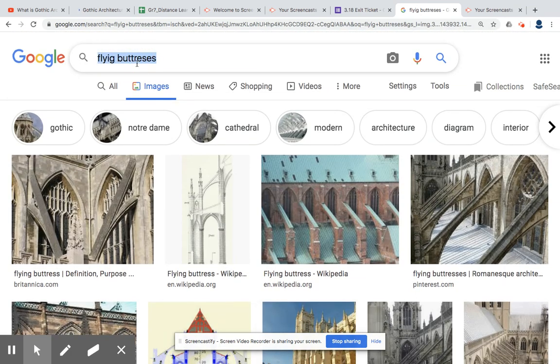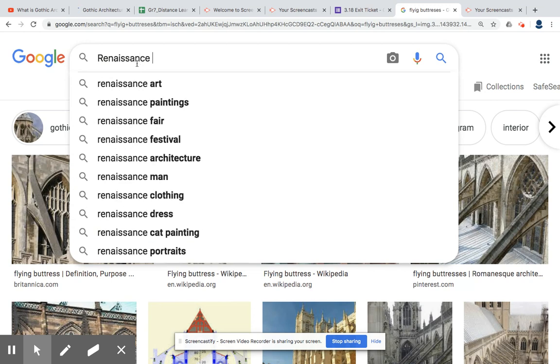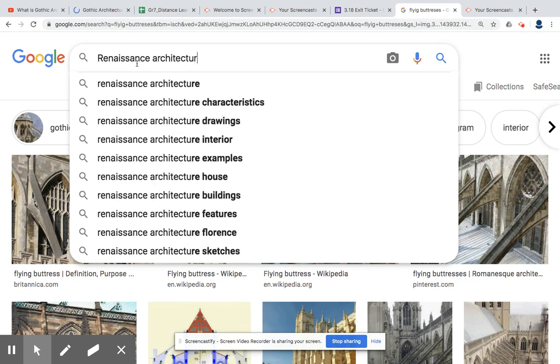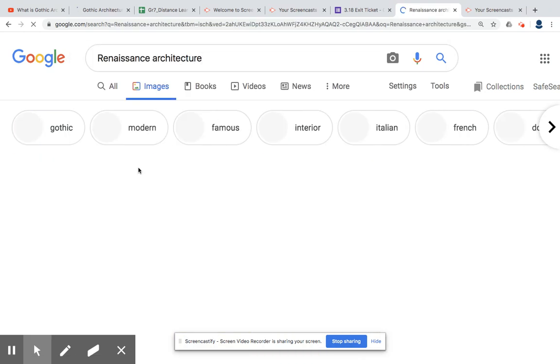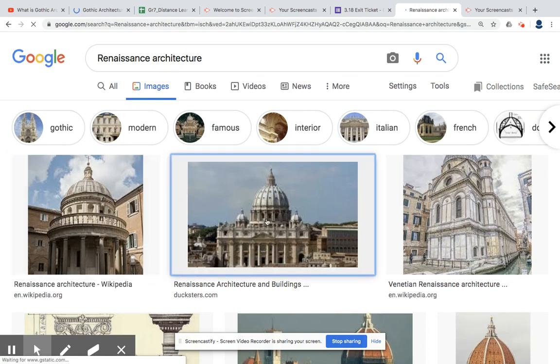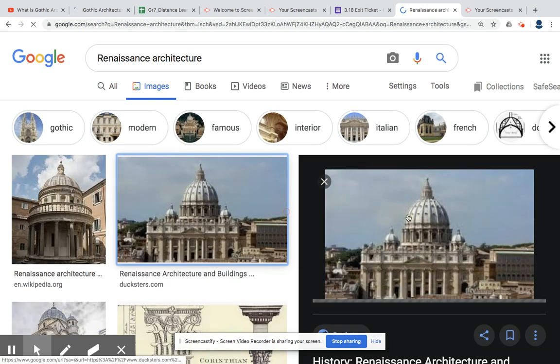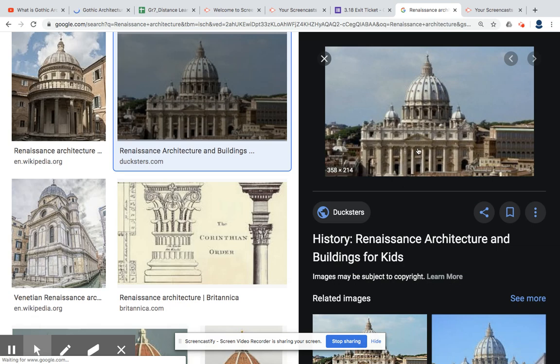Let me show you Renaissance architecture, and we'll see some differences between the Renaissance architecture and the medieval architecture. So this is Renaissance architecture. Here you have some columns, and then you have the big dome. The dome is copied from ancient Rome.